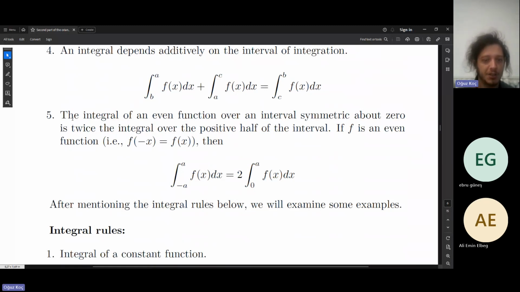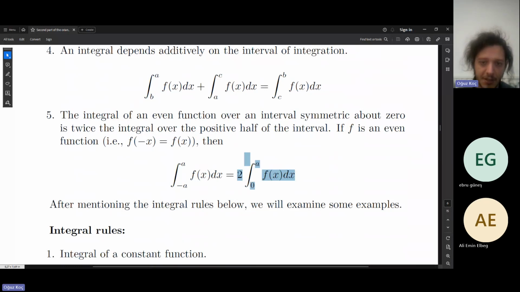It simplifies our work for estimation. And also we have another property, for the integral of an even function. We can just change the lower limit to 0, not change the upper bound, and just multiply it by 2.